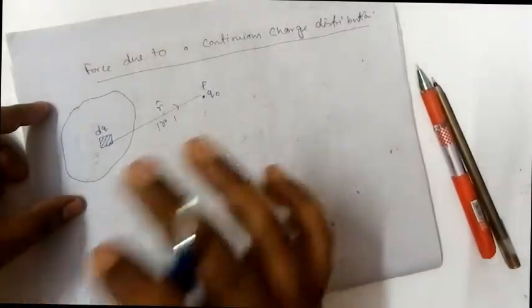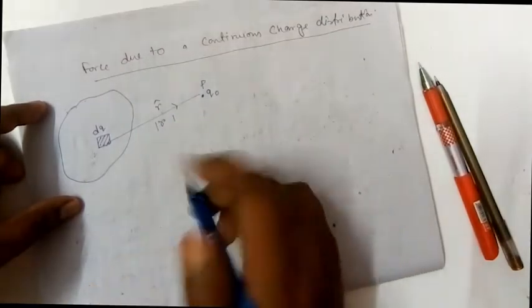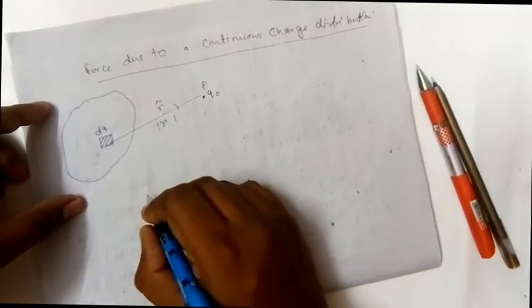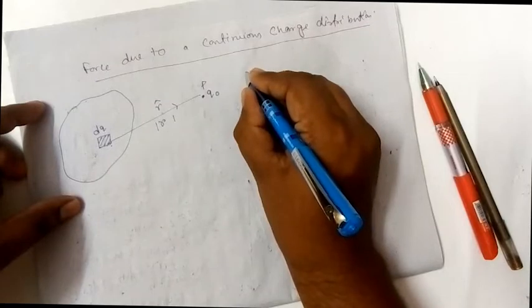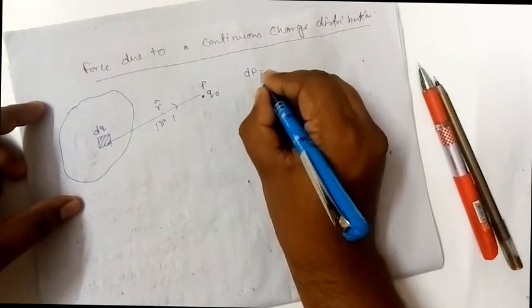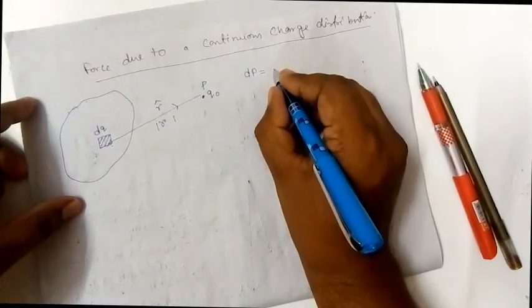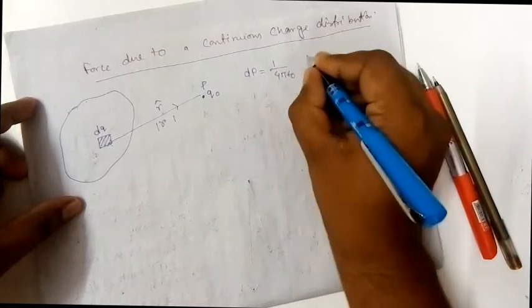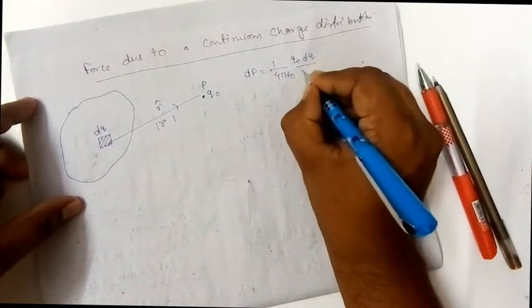Now if I want to find the force on q naught due to this small charge dq, I have to apply Coulomb's law. As per Coulomb's law, we know the small force, small because we are taking a small charge, dF equals 1 by 4 pi epsilon naught, q naught dq by r square.